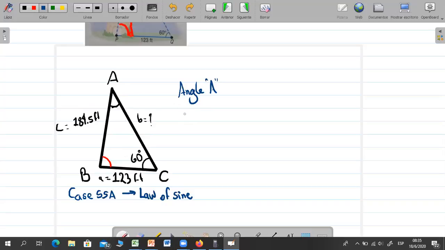So let's apply the property working with C over sine of C equals A over sine of A. Of course, the unknown we're gonna get is A, because we already know that C is 184.5 divided by sine of 60 degrees.